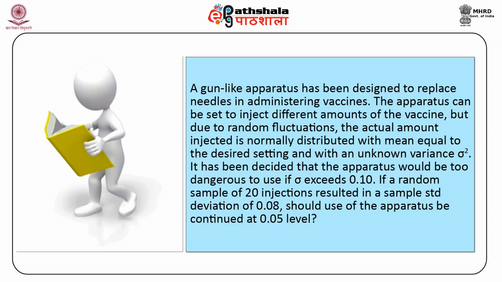It has been decided the apparatus would be too dangerous to use if sigma exceeds 0.10. If a random sample of 20 injections results in a sample standard deviation of 0.08, should use of the apparatus be continued at 5% level?